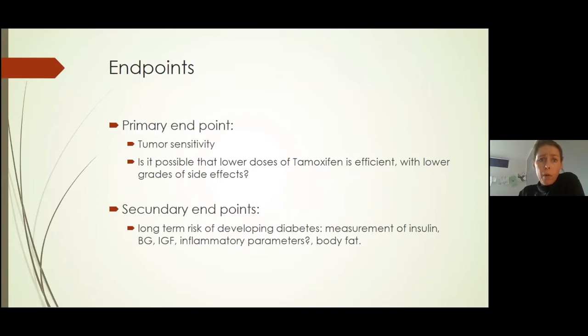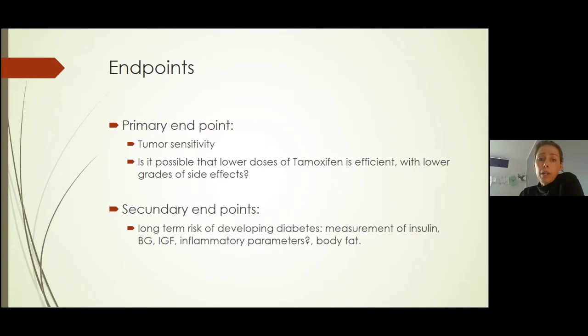And the primary endpoint should be tumor sensitivity. We want to test if it's possible to lower tamoxifen doses with lower grades of side effects.